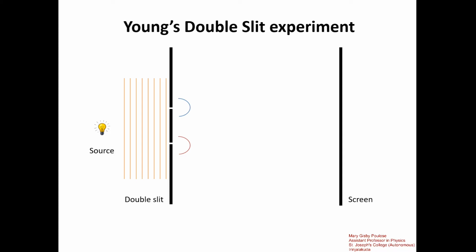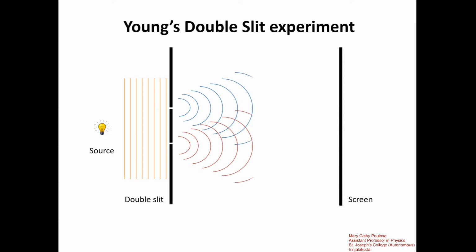So secondary wavelets are emerging from both the slits, and after a finite distance they start to interfere. While they are interfering, the crest of the blue set of waves may interfere with the trough of the red set of waves. The colors are just given to represent waves from two different slits.